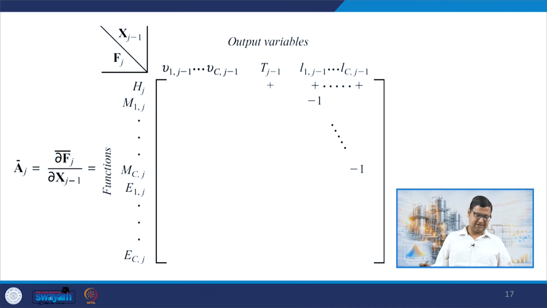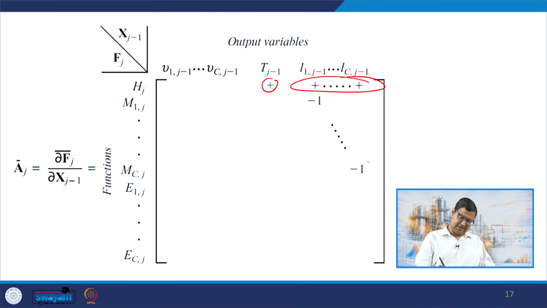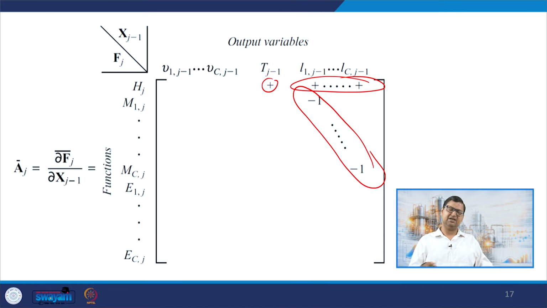For example, this Aj, my lower diagonal, is going to look something like this. The Jacobian is going to look like this. All the empty space you see here is zeros. Where you see this plus or dot dot dot, they mean entries. And wherever the entry has a fixed value, let us say -1, I am putting the value there. Every other empty space is zeros.